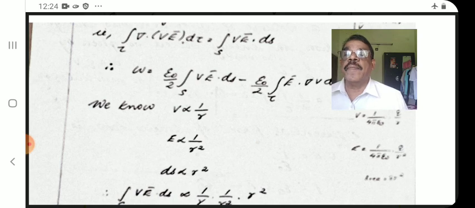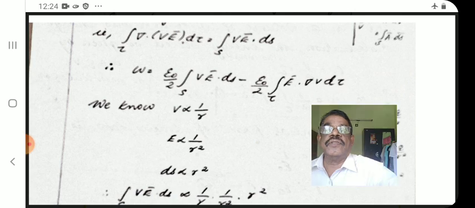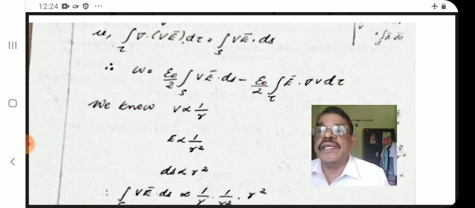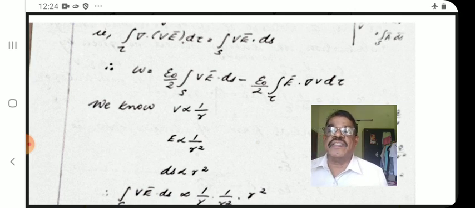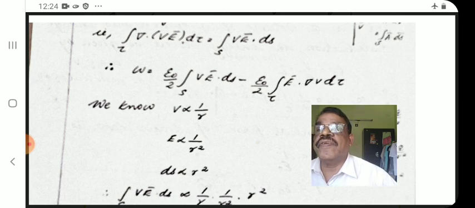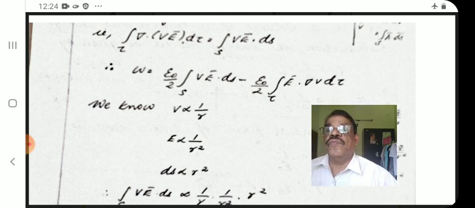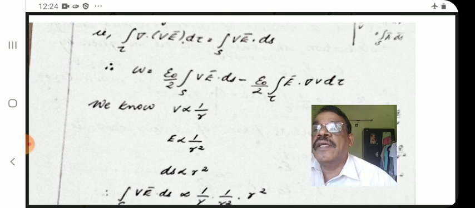I shall say once again the Gauss theorem: volume integral del dot E d tau is equal to surface integral E dot ds. In the place of E you take VE. V is a scalar, not a vector. Therefore, the Gauss theorem with VE can be written as volume integral del dot VE d tau is equal to surface integral VE dot ds. That we put in the above equation.